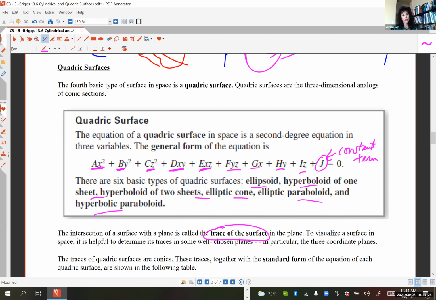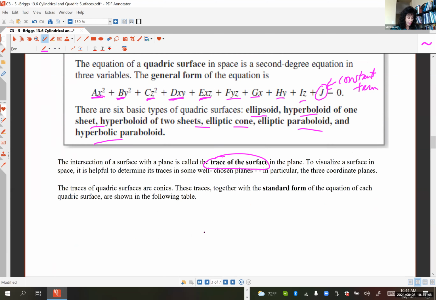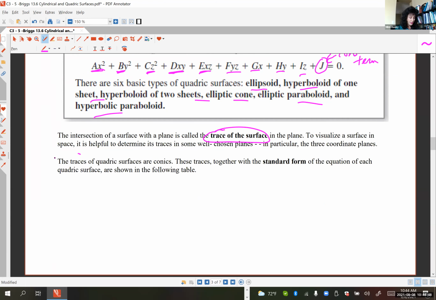Now, when we talked about traces when we were doing planes, it's basically the curve that that surface gives when it intersects one of the coordinate planes. And the way you can figure it out is by setting one of the variables equal to 0. And then you can see the trace in that coordinate plane that you're looking at, okay? So the traces of quadric surfaces are conics.